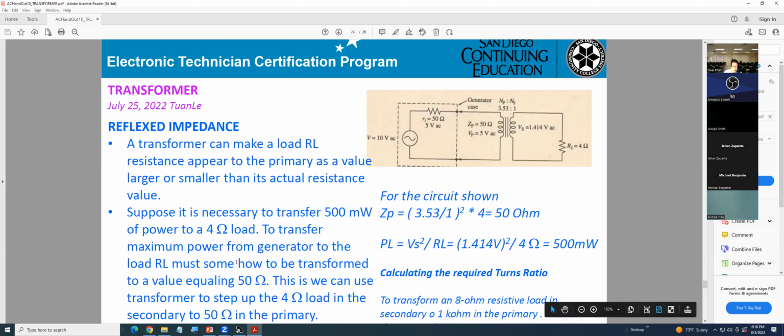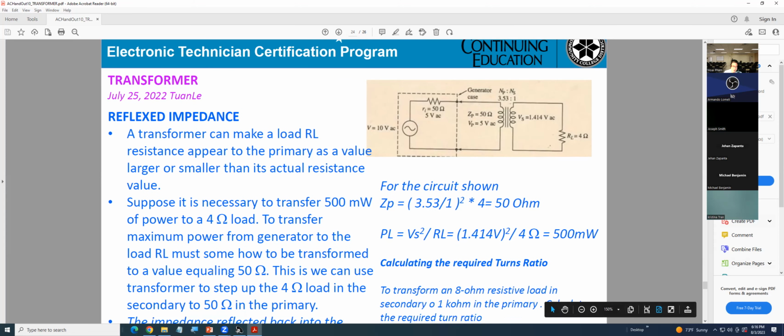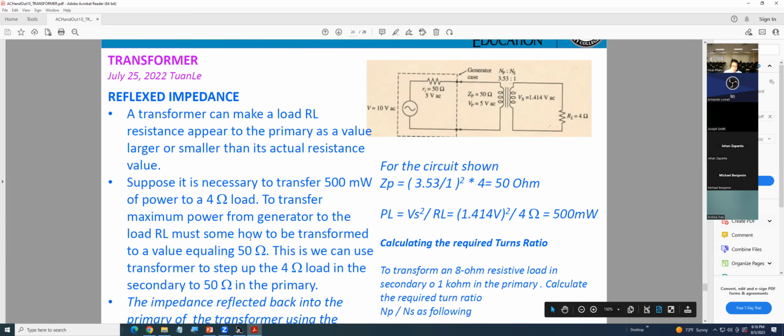To transfer maximum power from the generator to the load, RL must somehow be transformed to a value equal to 50 ohms. We can use a transformer to step up the 4 ohm load in the secondary to 50 ohms in the primary.